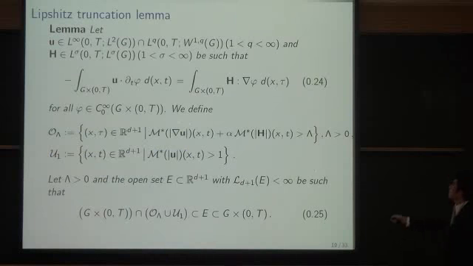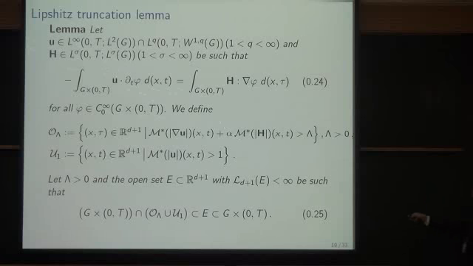But the Lipschitz truncation lemma is a bit difficult to explain, but I would like to explain it. u is in this class, so this is basically the class of the solution of the approximate equation, and h is a matrix in this class.